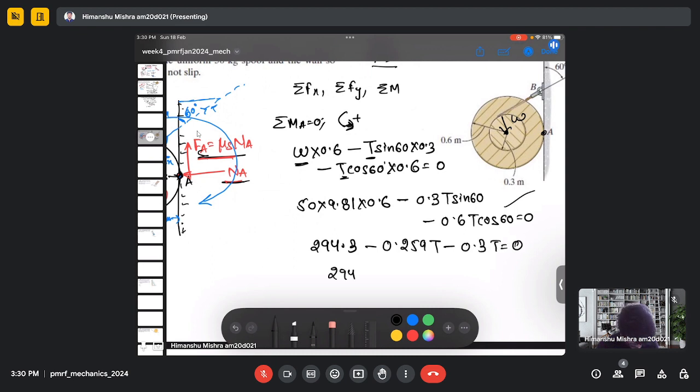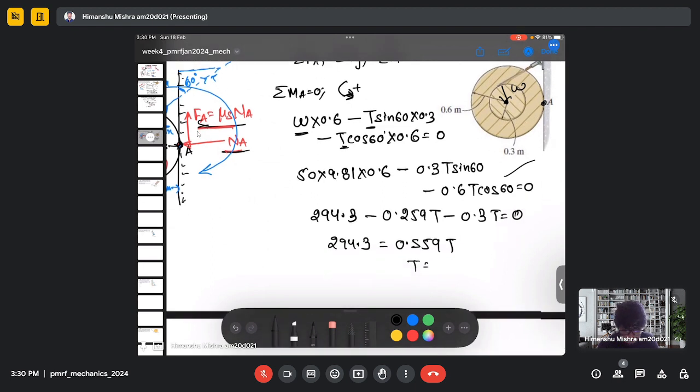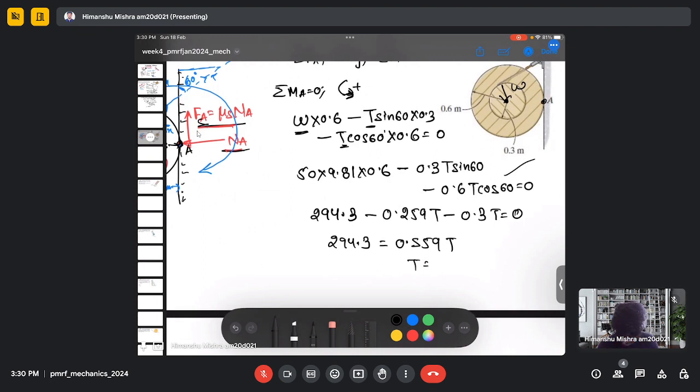So 294.3 equal to 0.559 T. So my T will be 526.475 Newton. So this is my tension.